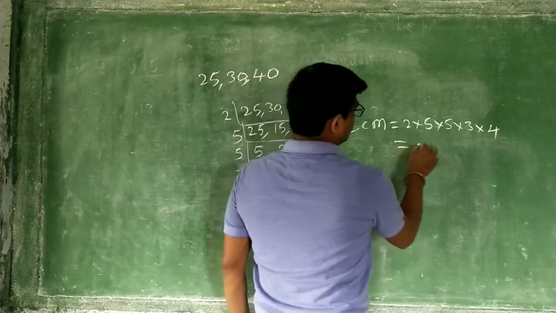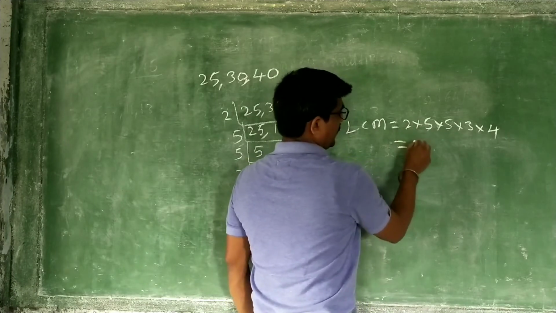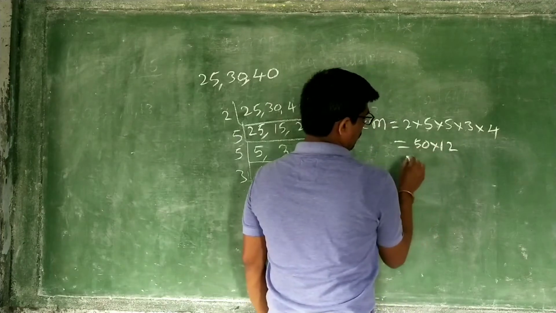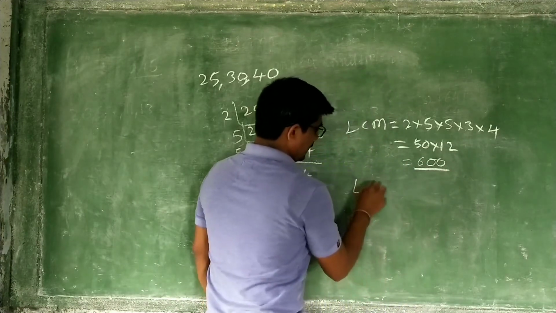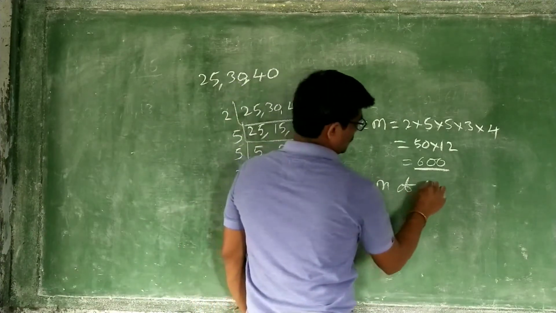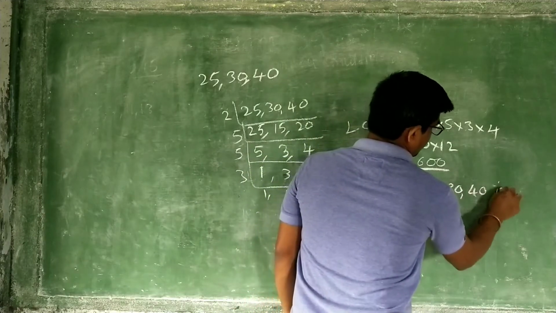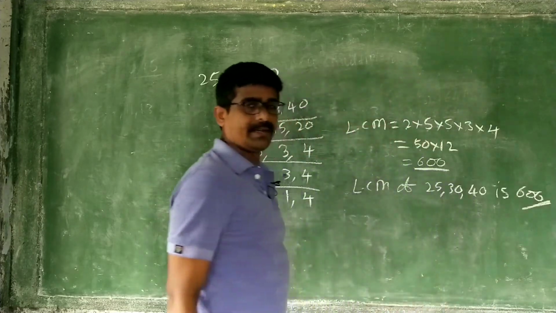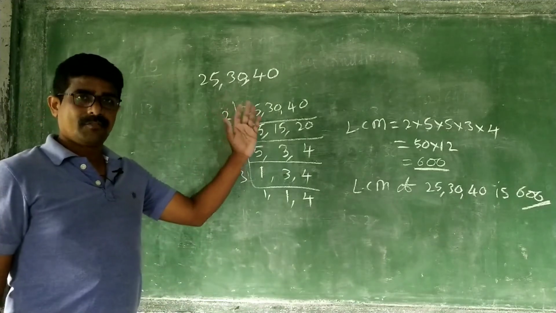That is equal to 5 5s are 25, 25 2s are 50, 50 into 3 is 150, 150 into 4 is 600. Therefore, the LCM of 25, 30, 40 is 600.